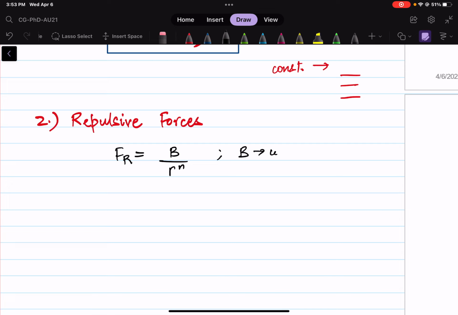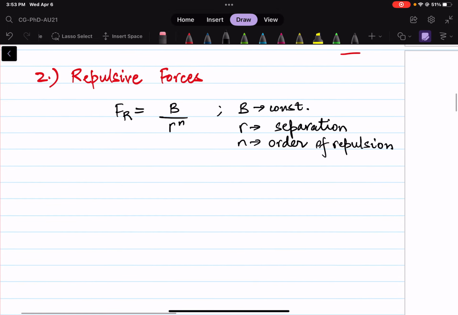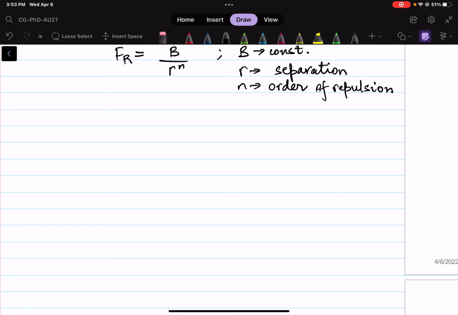Again, here B is a constant that will be given to you in situations, r again is the separation, and n is your order of repulsion, and that will also be given to you. As and when you learn more about these topics, you will try to understand how to get the value of n by yourself. So using this system, let's try to plot a curve to see how this will look.